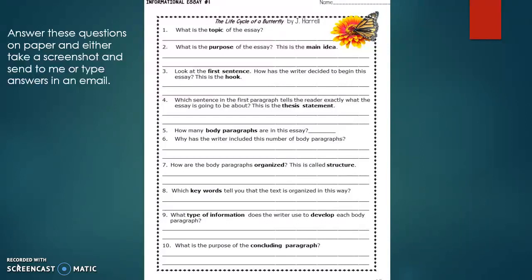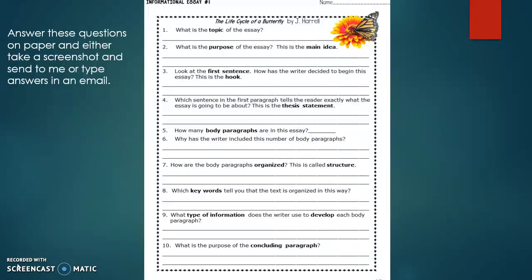Number 2, what is the purpose of the essay? And this is the main idea. So this is a little tricky, but the purpose of this essay is to let the reader know the whole process of metamorphosis and what stages the butterfly goes through. So this is what it is mostly about.